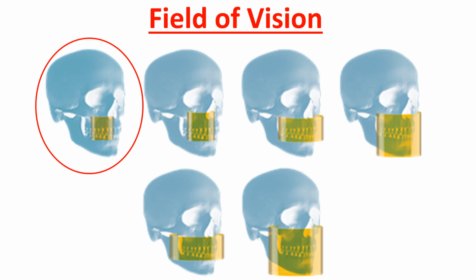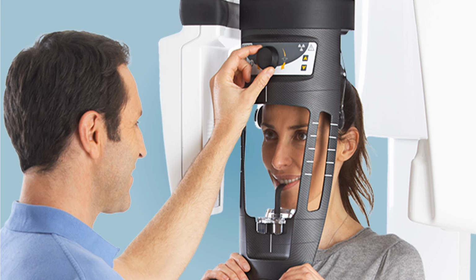And I normally use the smallest, which is 4x4, which shows me the tooth that I want and the picture of the area. This is the position of the patient. He has to stand upright.